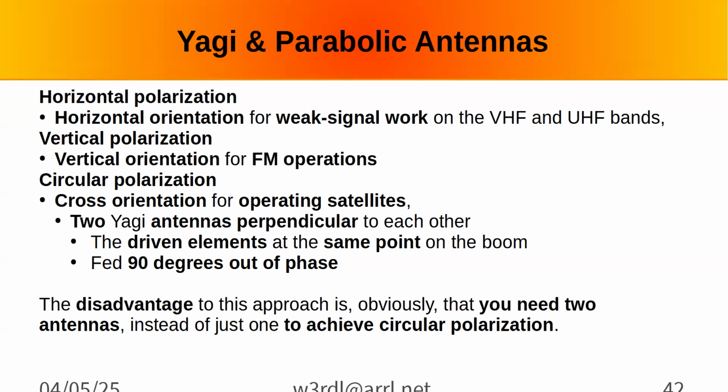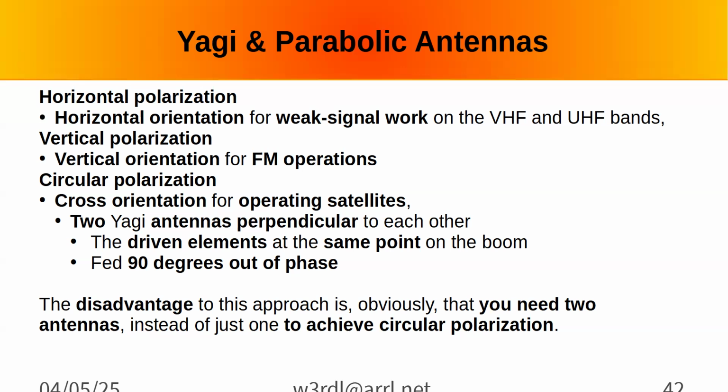It's not vertical, it's not horizontal, it's an ellipse, which circular is a special case where the ellipse is equal in both directions. You can receive or transmit circular by making a cross-oriented Yagi, where you mount them on the same boom, slightly offset at right angles to one another.